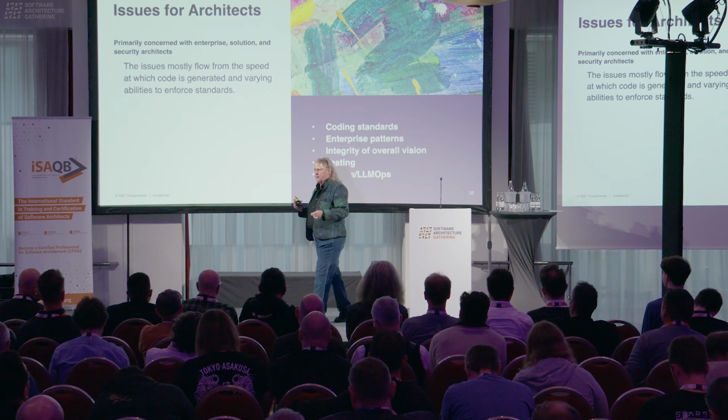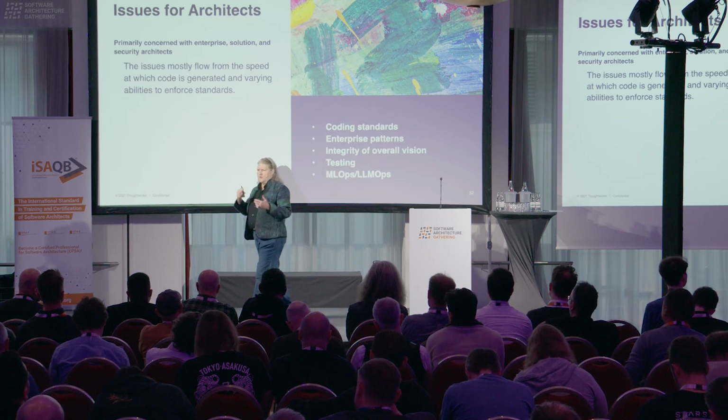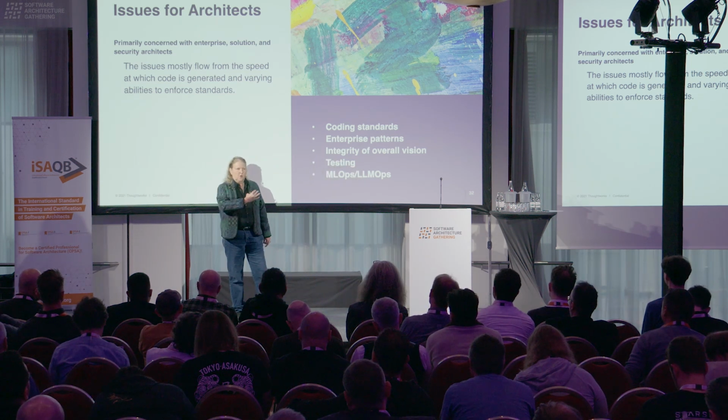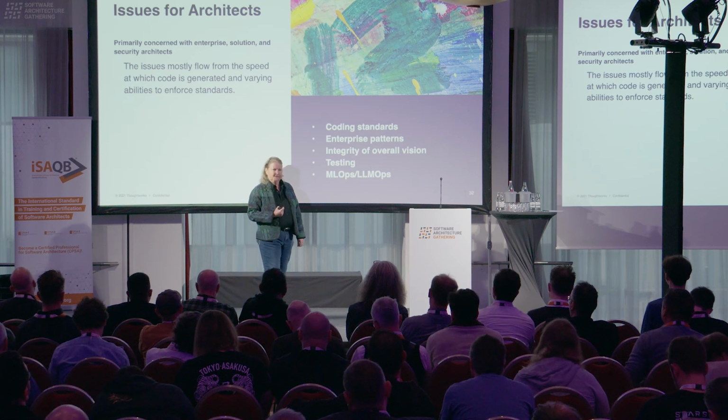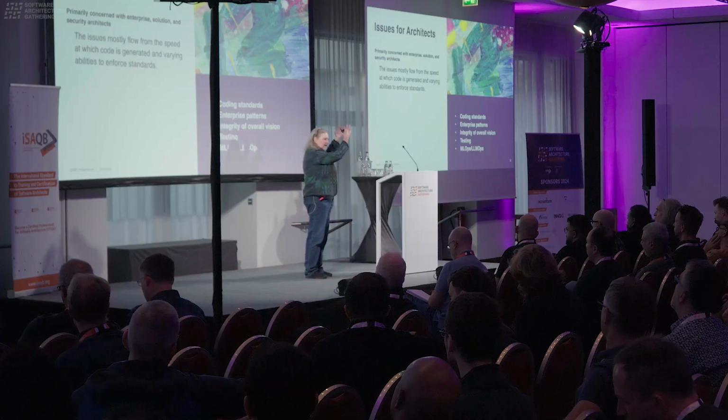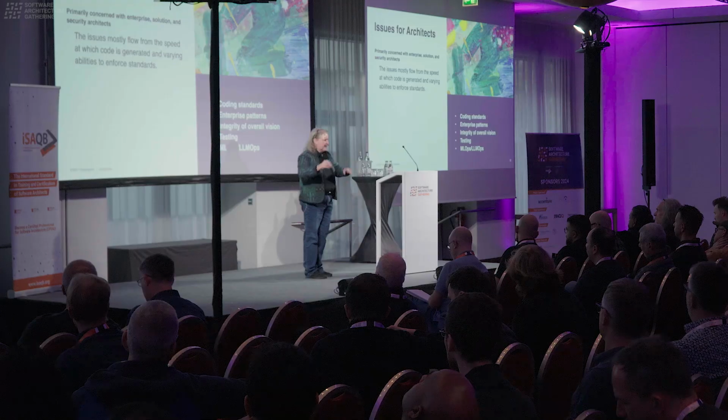So how, as an enterprise architect, do you start thinking about corporate coding standards? We haven't really figured out yet how to tell systems like Copilot, and oh, by the way, these are our enterprise patterns that we like and all of that.